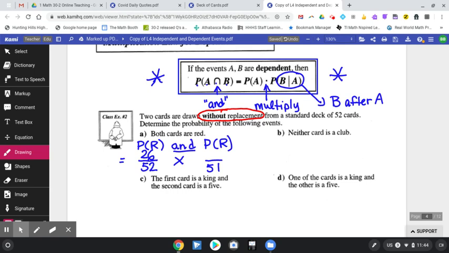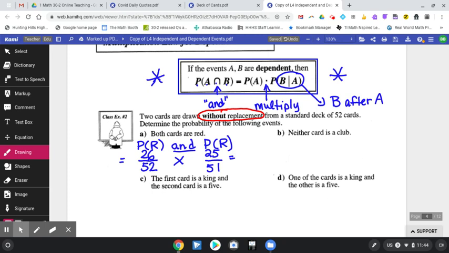And then here's the little catch part. You have to assume that we were successful on our first draw. Because remember, we're looking at red and red. So we are thinking, yeah, first card was red. So when I go to draw my second card, there are only 25 red cards left because one is already gone.